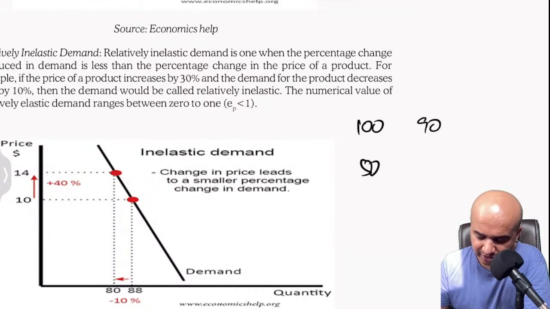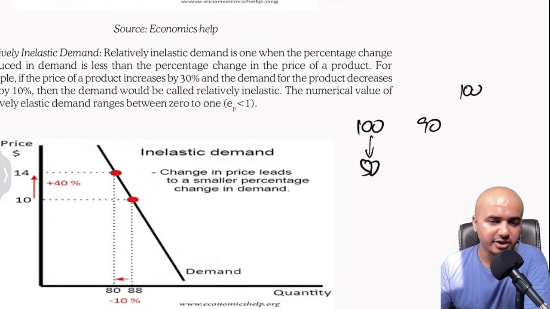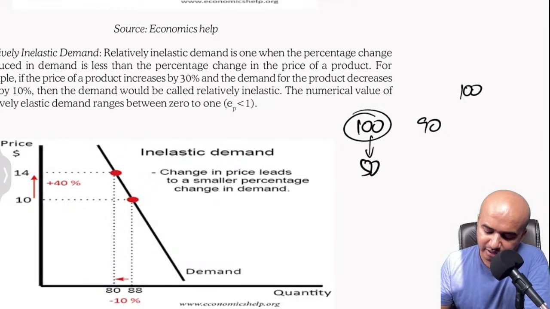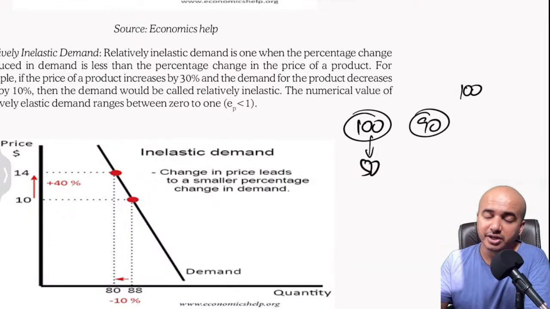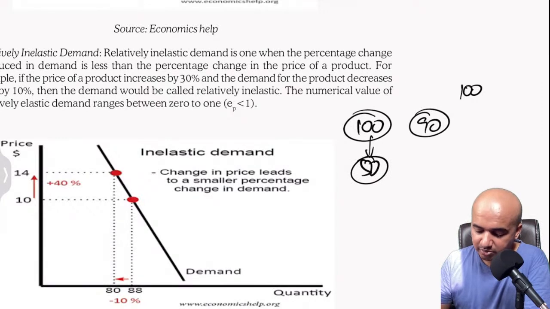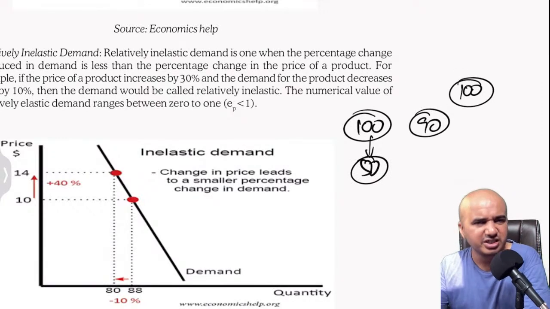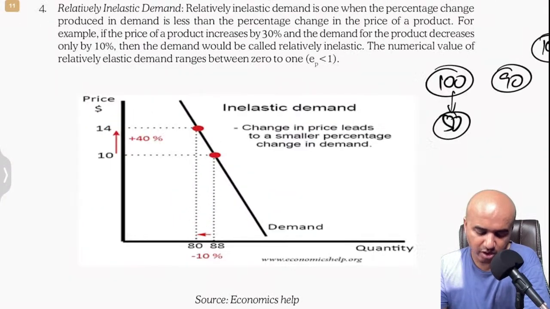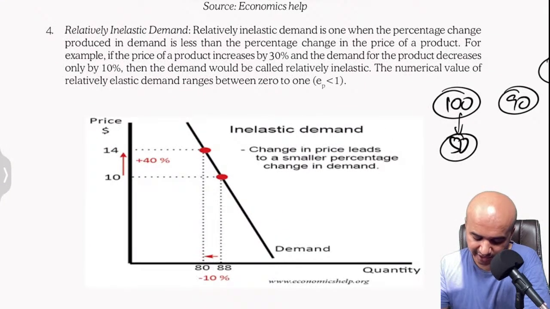Now because the price is slashed by 50%, the demand is also not increasing by 50%, but it is increasing only to 100. Earlier the price was 100 and the commodity demanded was 90. Now the price has come down to 50, but the quantity demanded is just 100, not too much of a difference. So that is called relatively inelastic demand.